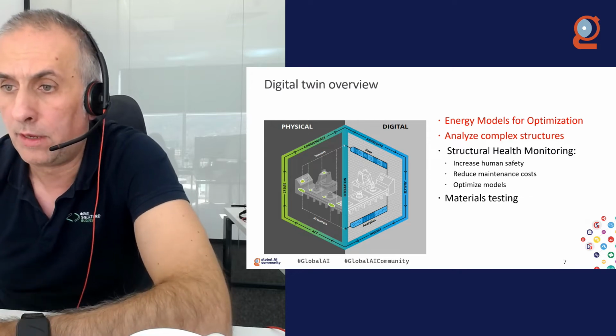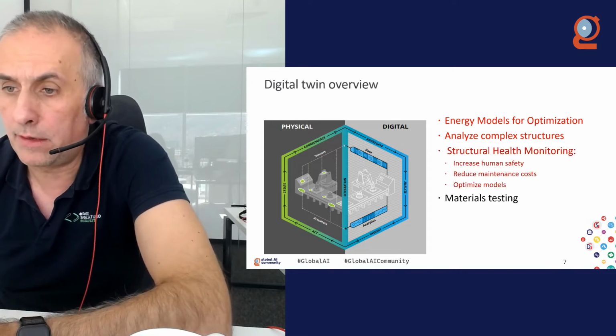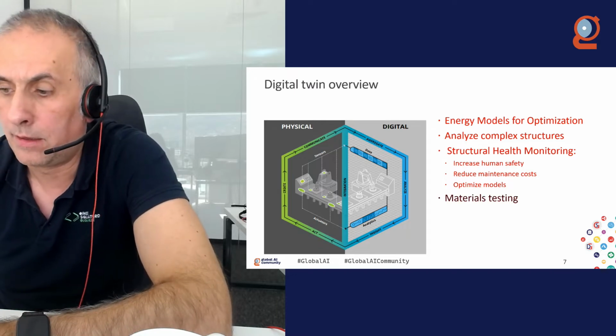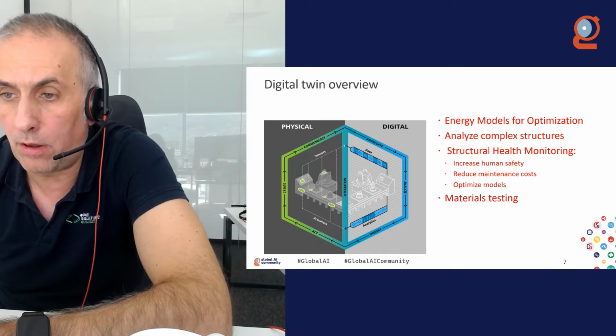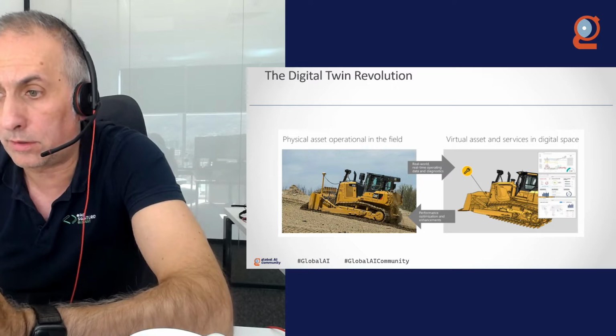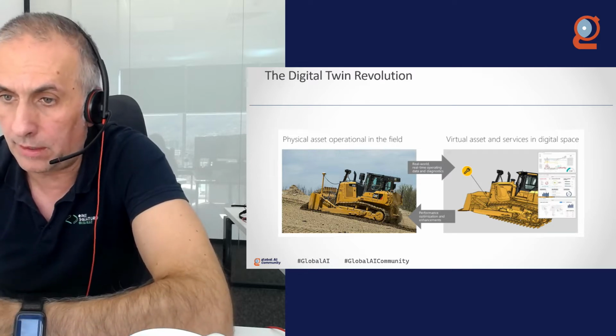How? I will show a little later. We can use this technology also for materials testing, and we can use it for some activities which were not even considered from the beginning.